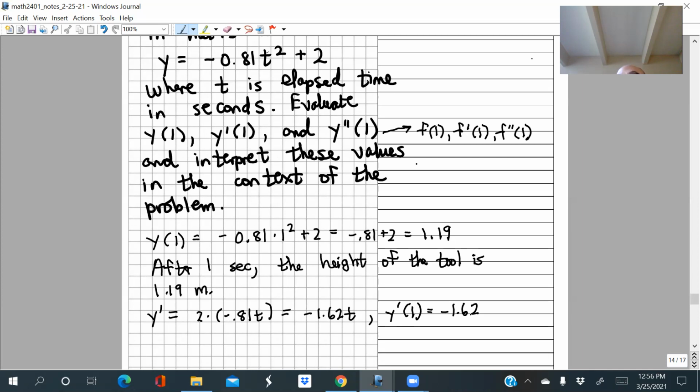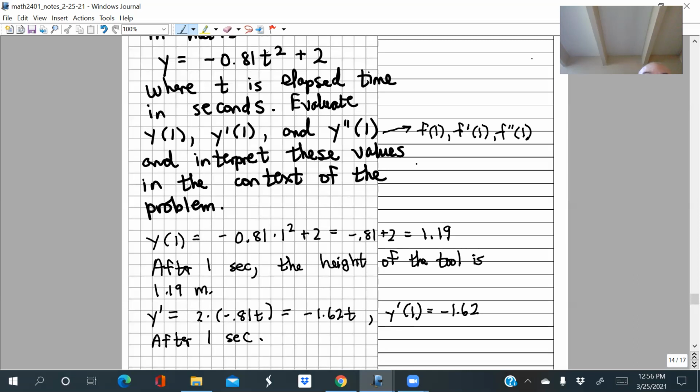Now, however, what does that mean? What is the minus 1.62 telling us? Remember, the derivative is a rate of change. So how would we explain to someone what that number is telling us? It's going to be after 1 second, obviously, because we evaluated the derivative at 1 second.